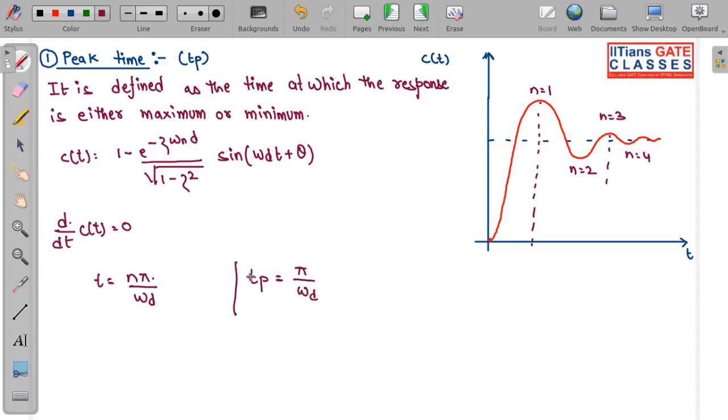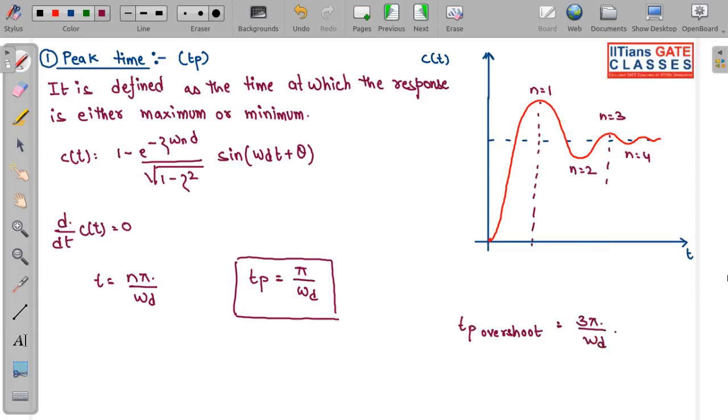But if it is asked the time at which we have your second overshoot, the second overshoot is happening at n equal to 3. So Tp overshoot 2 occurs when n is equal to 3, that means 3 pi by omega d.